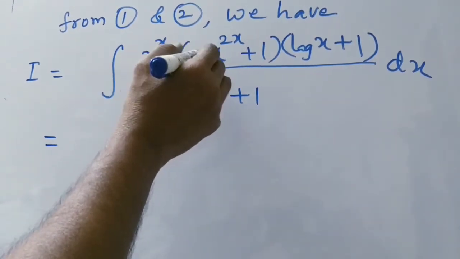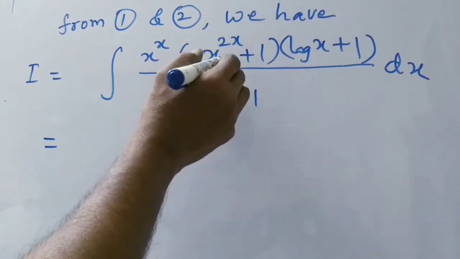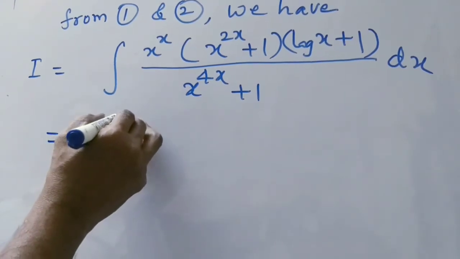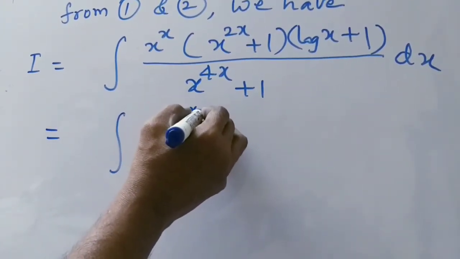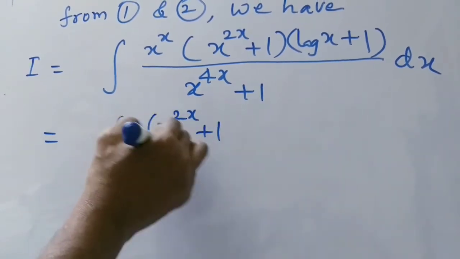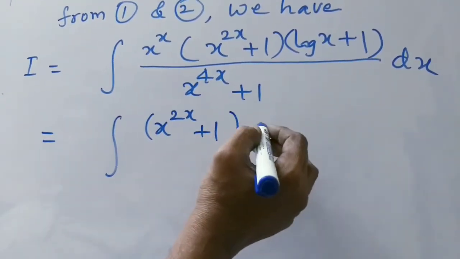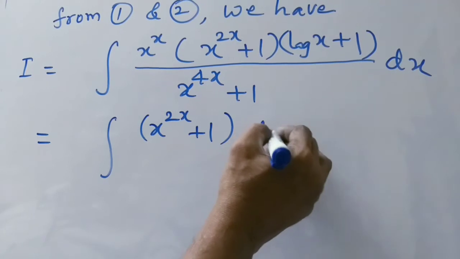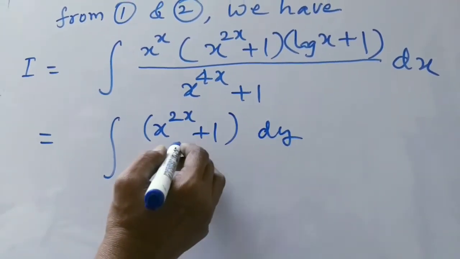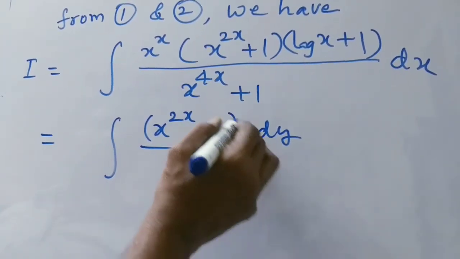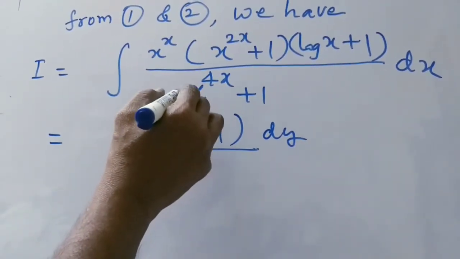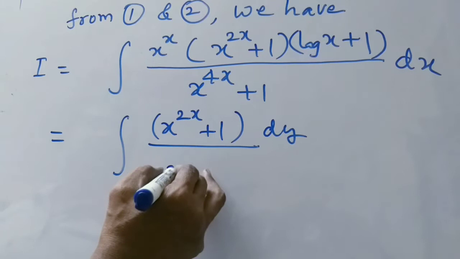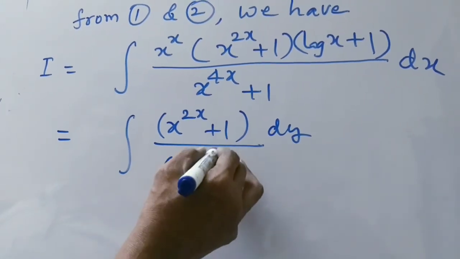So the remaining term is x to the power of 2x plus 1. So integral of x to the power of 2x plus 1 into dy by x to the power of 4x plus 1. We can write it in the form of x to the power of x whole to the power of 4 plus 1 dy.